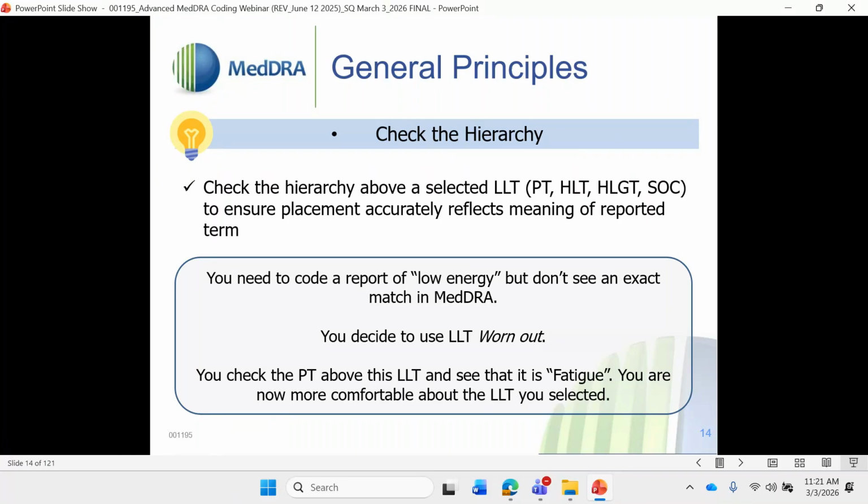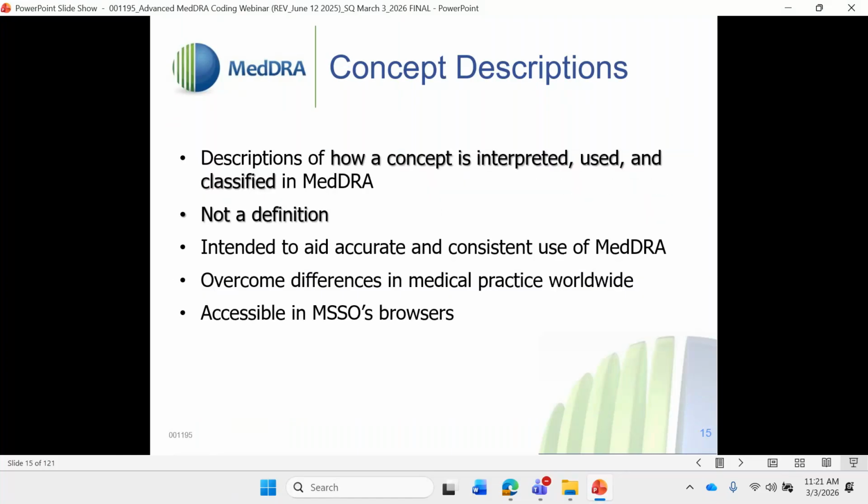Okay. Now, we also mentioned at the very beginning that we are going to review what concept descriptions are. We've highlighted the second bullet: don't think of concept descriptions as definitions. They're not defining a particular concept term, but more it's just a description, exactly what the name implies. It's a description of how that particular concept is used within the context of MedDRA.